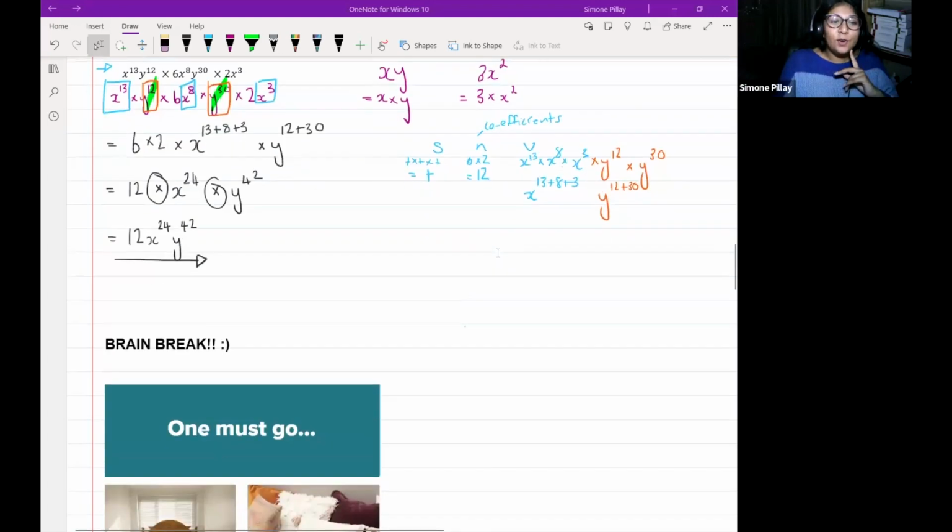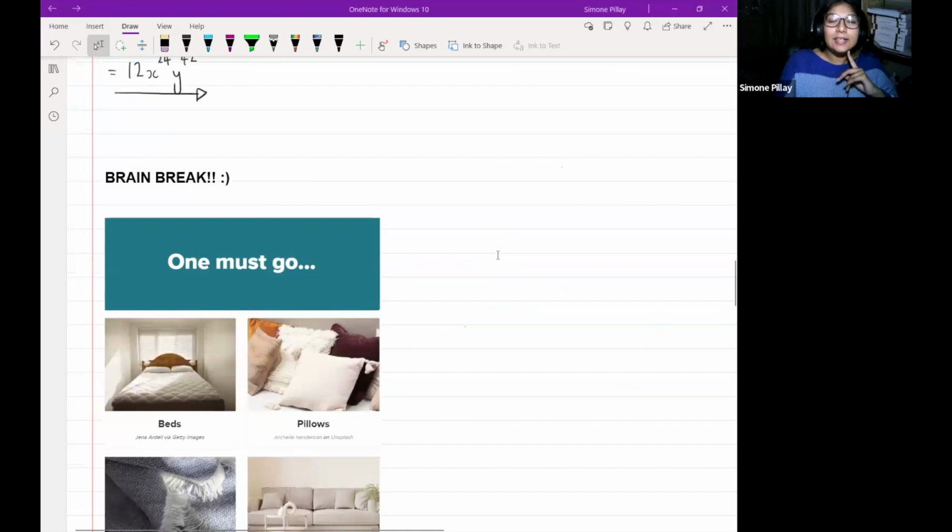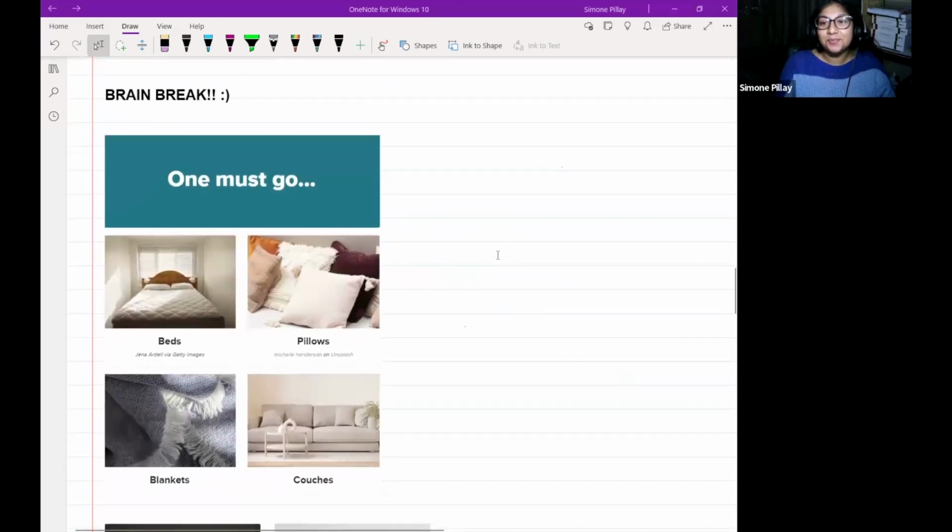And now for our brain break. Okay, guys, we're dealing with one must go. So we have 4 options. From these 4, what would you guys get rid of forever? We have a bed, a pillow, a blanket, and a couch. Zach, you're saying pillows.